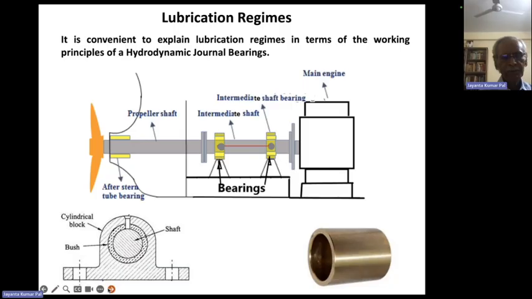In fact, in many applications these days, ball or roller bearings are sufficient. But there are very few places where hydrodynamic journal bearings are still used for various reasons, and the marine propeller shaft is one of them.